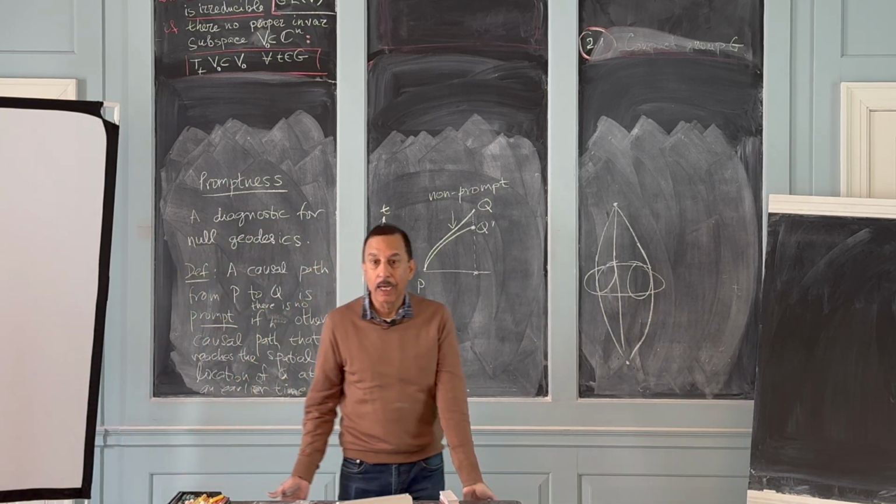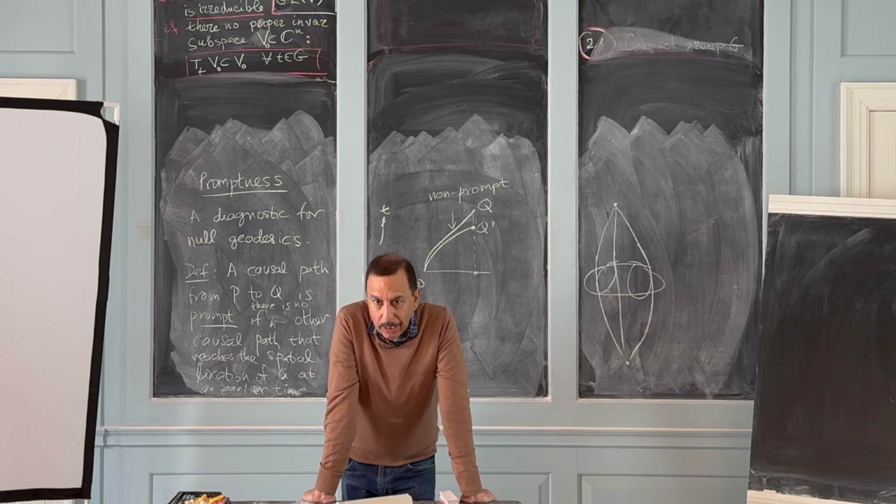Yes. Once you have null geodesics, then you do have a notion of affine parameters. You have an affine parameter, but it's very much up to you, unfortunately. That's the problem. It's difficult to compare if two people have different affine parameters because you can scale your affine parameter or shift its origin. So it's difficult to compare two paths in an absolute sense. Is there not some sort of normalization that allows you?